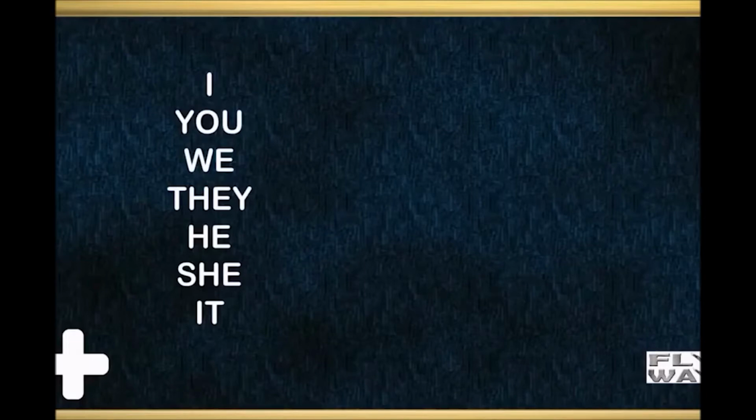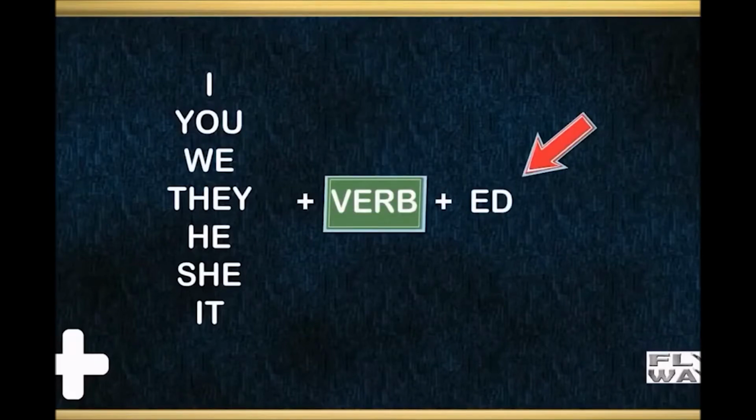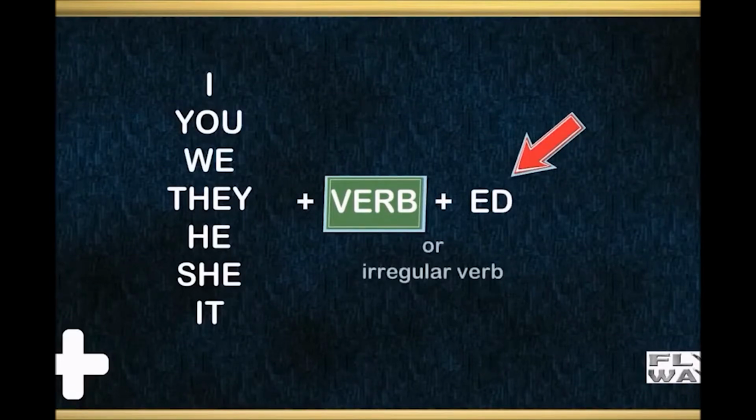To form the past tense sentence, we have to look at the pronoun that we have. What is a pronoun? Pronoun is I, you, we, they, he, she, and it. So we will add a verb to it plus an ed. What is the verb? Regular or irregular.